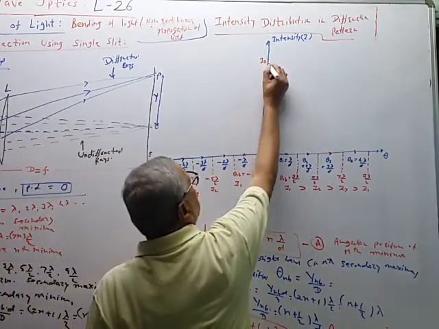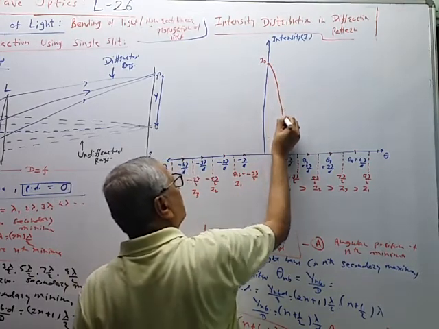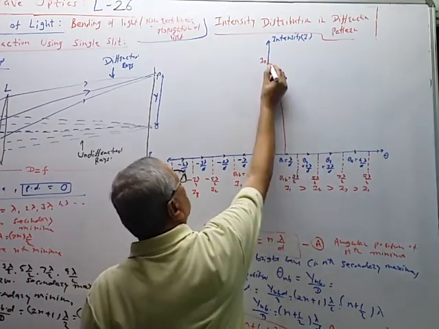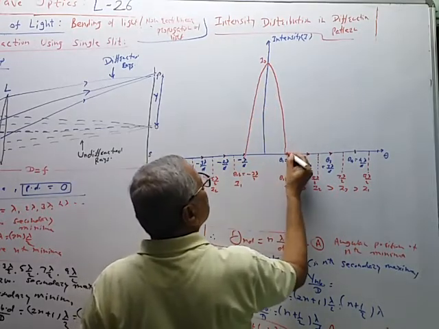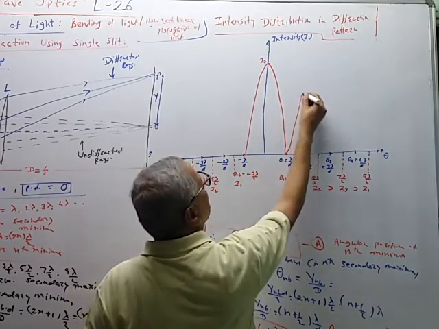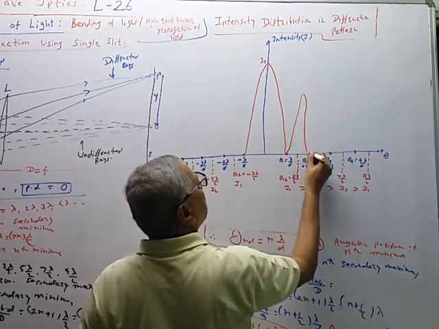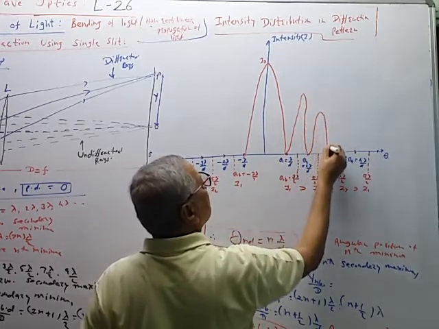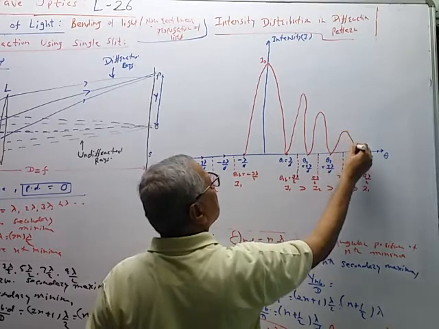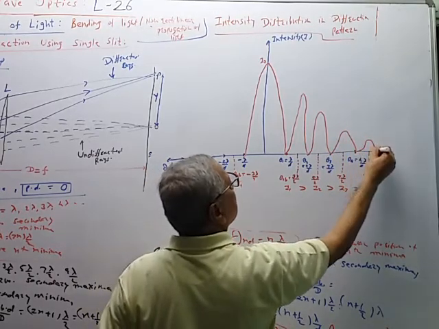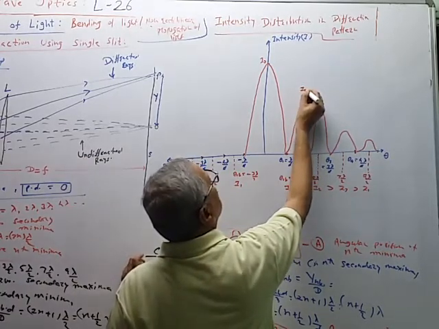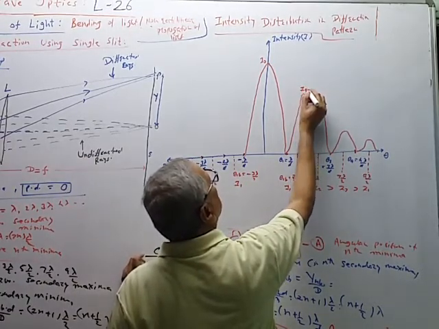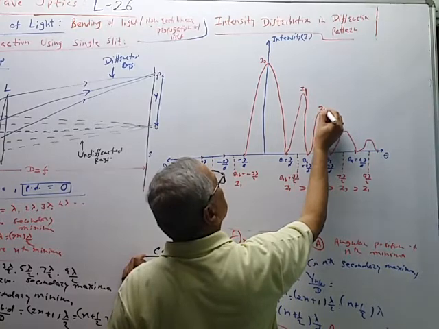So intensity decreases from maximum to 0. Now again intensity increases, decreases, intensity increases, decreases, like this. So this intensity is I0, I1. This intensity is I2.